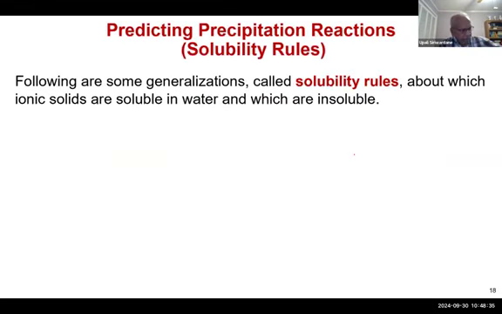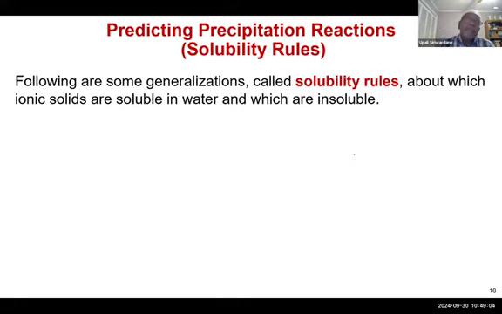Now we're going to go over what we said before: how exactly you find out which ionic compounds are soluble and which ionic compounds are insoluble in water. Most precipitation reactions take place in aqueous or water solution. Solubility rules are there for water solution.